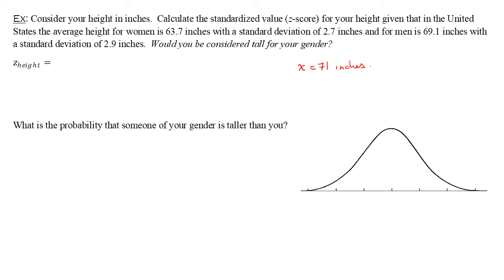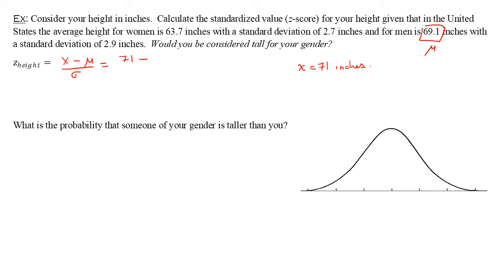So let's compute the z-score for this particular height. We know that our z-score will be x minus the mean, and then divided by the standard deviation. In this case, the height I'm given is 71 minus the mean, which for men is 69.1 inches.